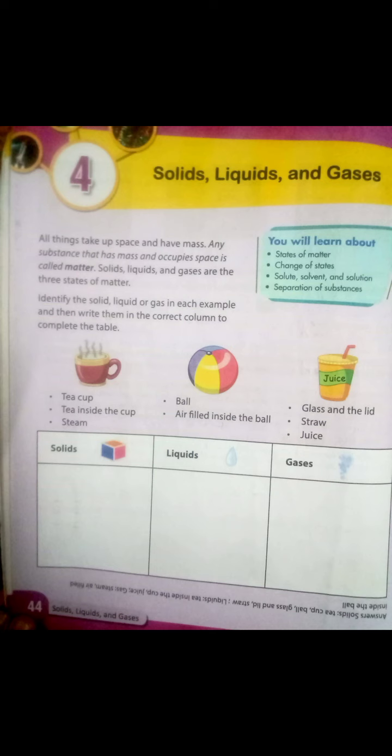Glass. Having a glass, which is a harder one. You can say any other example of it. Teacup. Yes, teacup is a solid. Am I right? So you can take any other objects like a cube, cuboid, anything like a solid.